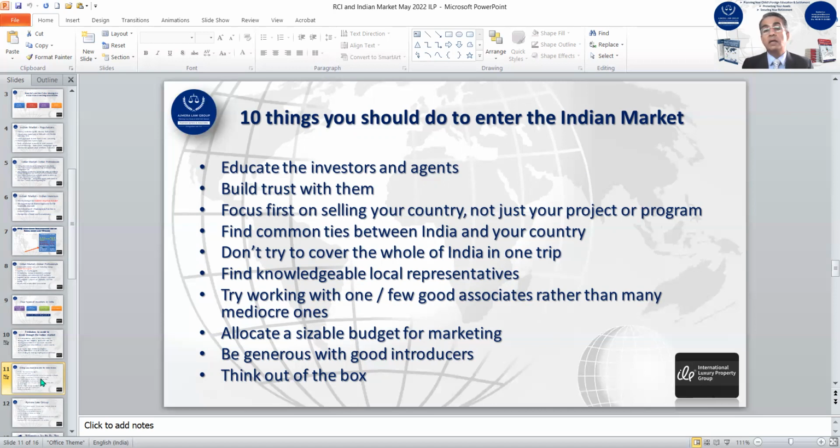You need to have a marketing budget and then work with some local associates or law firms or immigration agents, or whomever you feel comfortable with, to have a proper marketing strategy and do the work of bringing in good leads and eventually converting them into clients.